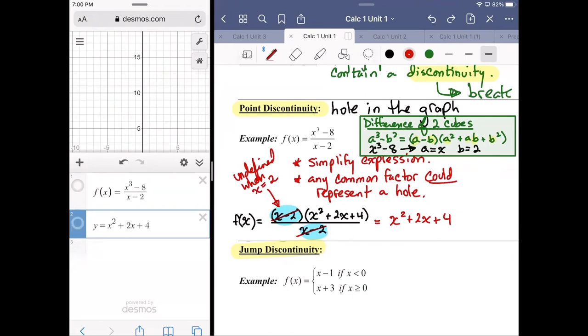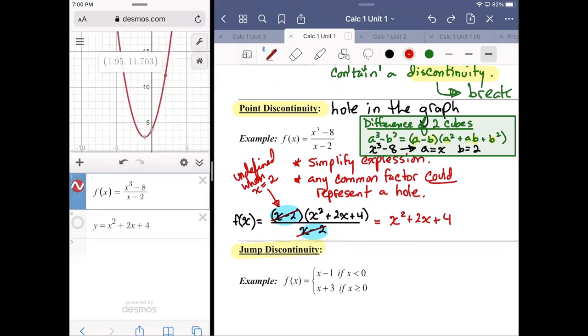It's the same graph, except this one, when I get to the x value of 2, actually gives me a y value. The other one said undefined. So this one wouldn't have the hole, but this one would.